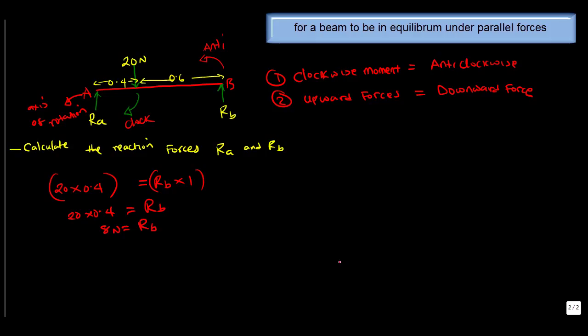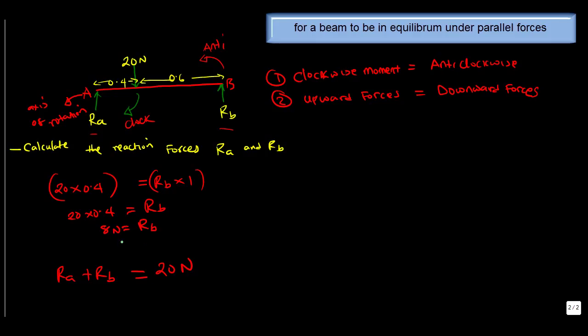Now the next thing is to work out RA. Well, we're going to use the second rule, which says that the upward forces have to be equal to the downward forces. So the upward forces equal downward forces, and we're looking at the beam. Let's consider the upward forces first. Those are RA plus RB, which has to be equal to the downward force, and the downward force is the applied 20 Newton force.